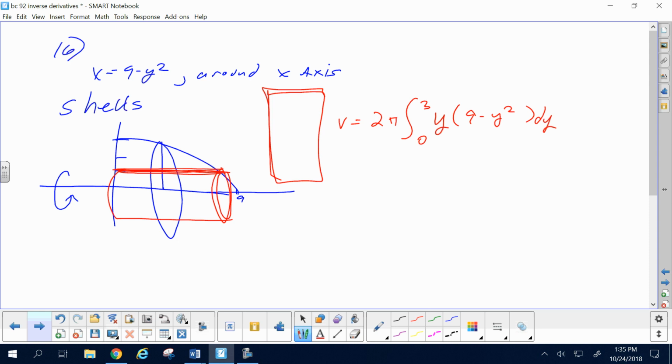Does it say set up or evaluate? Evaluate. Okay. So the antiderivative of 9y is 9y squared over 2, and the antiderivative of y cubed is y to the 4th over 4.